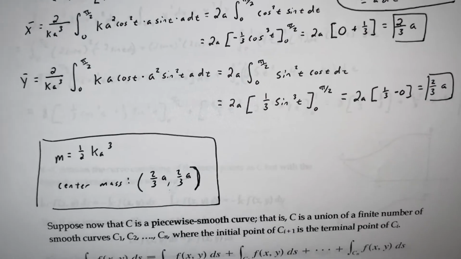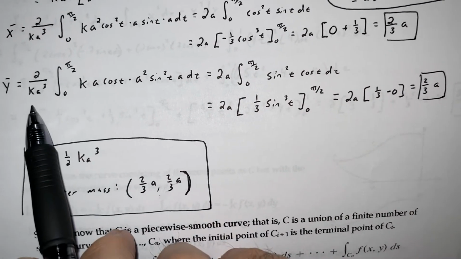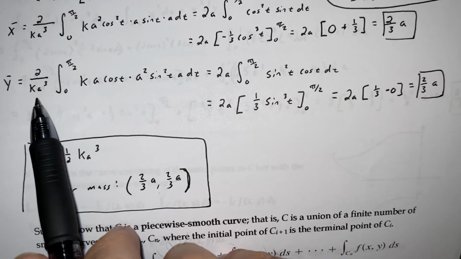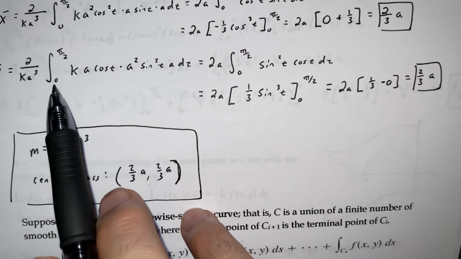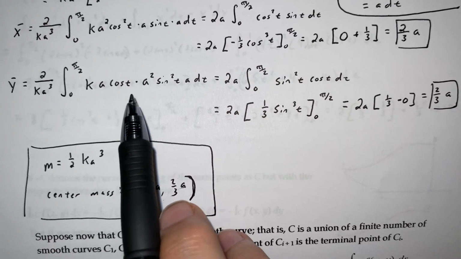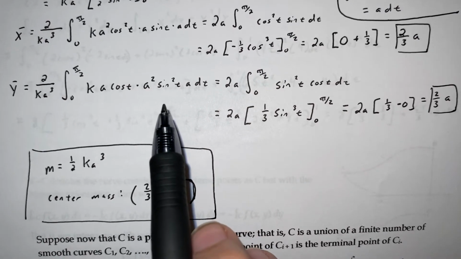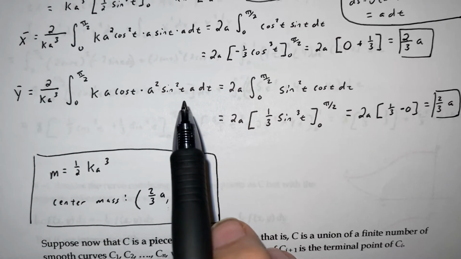When I do y bar, I get the same thing. I have 2 over ka cubed, which is dividing by m and multiplying by the reciprocal of the mass, times the integral from 0 to pi over 2 of ka cosine t. Now I'm multiplying by an additional y, so it's y squared, so a squared sine squared t, times a.